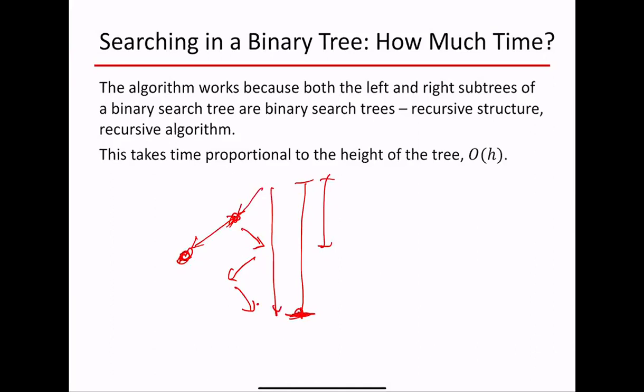So it takes time proportional to the height of the tree. Everybody clear how much time it will take? What's the height function, by the way, in a binary tree? It is log n. Log n, correct.